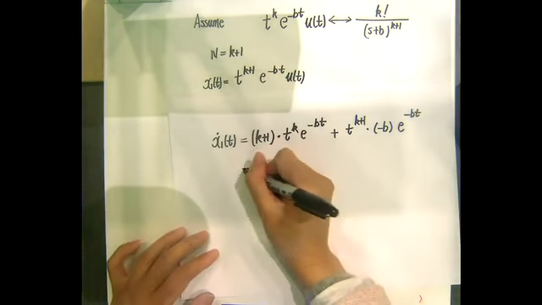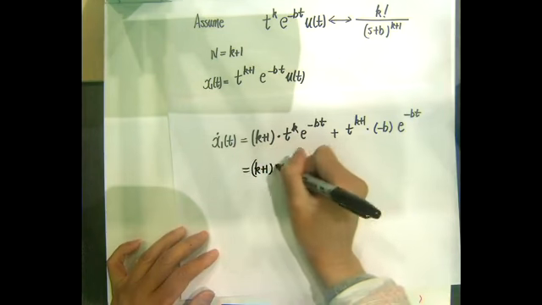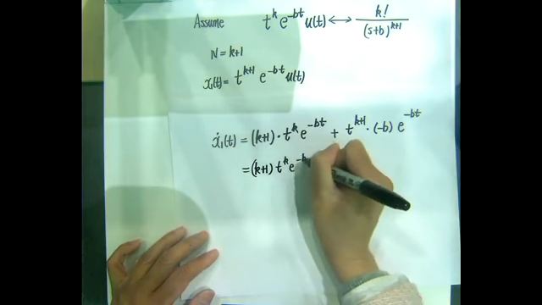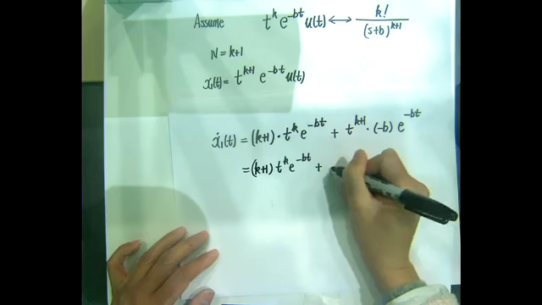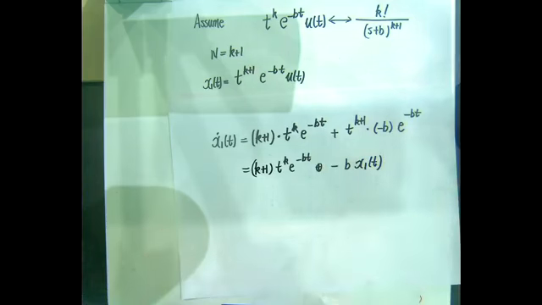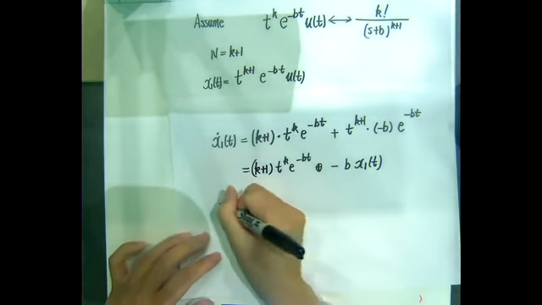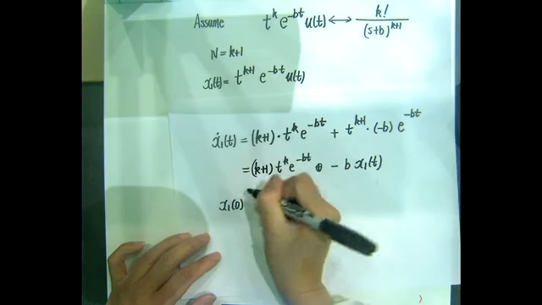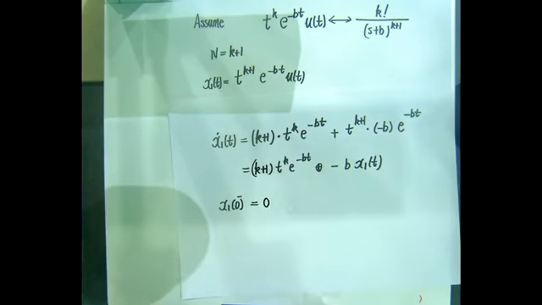And this part will be (k+1) t^k e^(-bt) minus b times x1(t). I will do the Laplace transform for both sides. I also know x1(0-) will be 0 because my step signal at t goes to 0- will be 0.